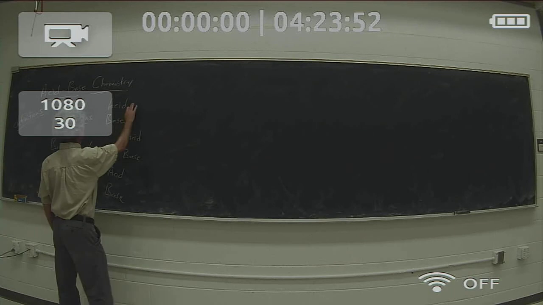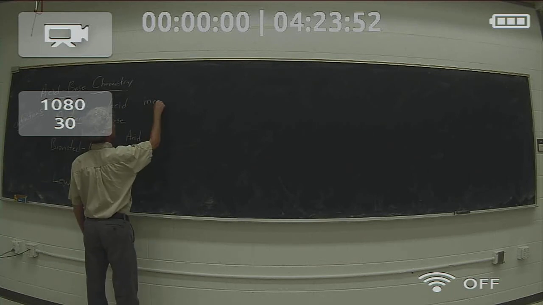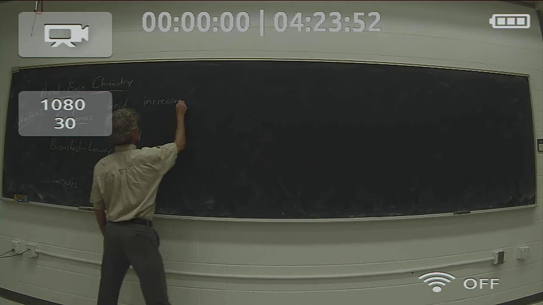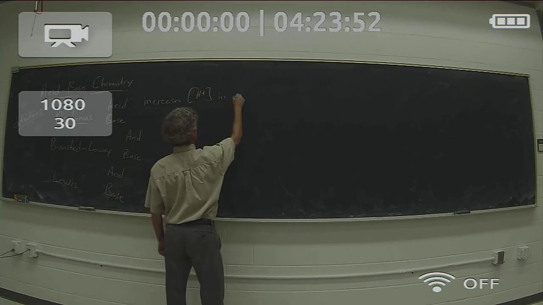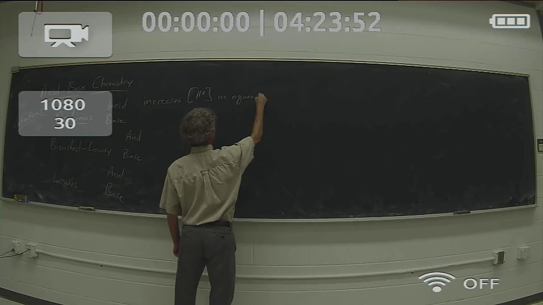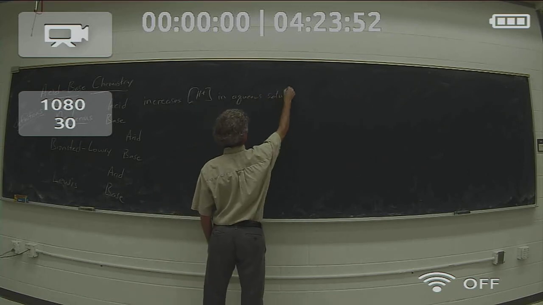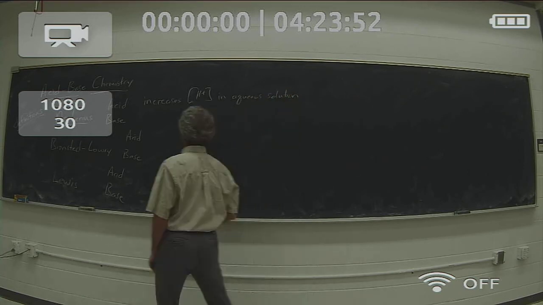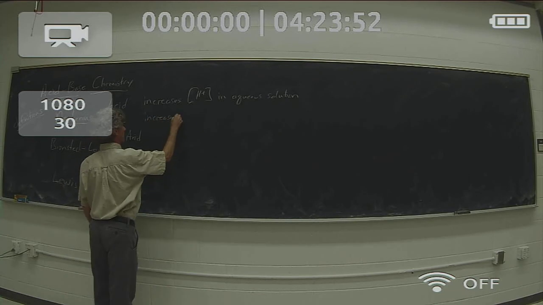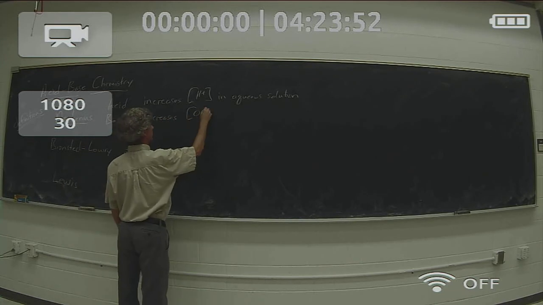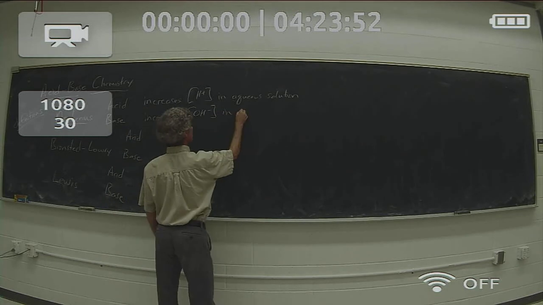So an Arrhenius acid is something that increases the concentration of hydrogen ion in aqueous solution. And an Arrhenius base is something that increases the concentration of hydroxide ion, again, in aqueous solution.